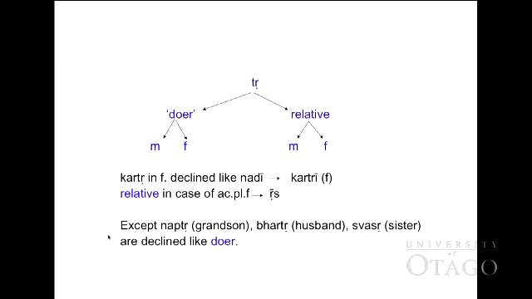So note again, naptri, jamatri, svasri will decline like doer, not relative. A little bit of change in these two groups. Also, naptri grandson is masculine, jamatri masculine, but svasri feminine.